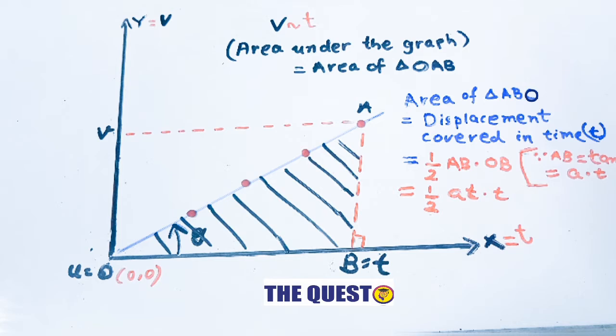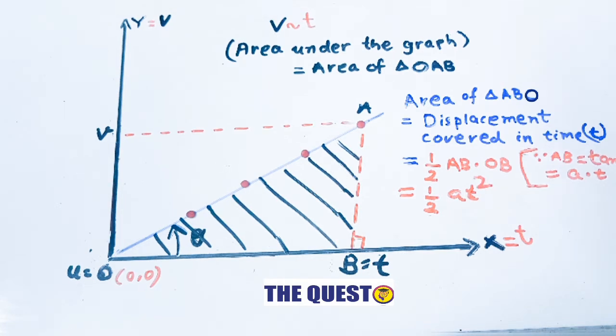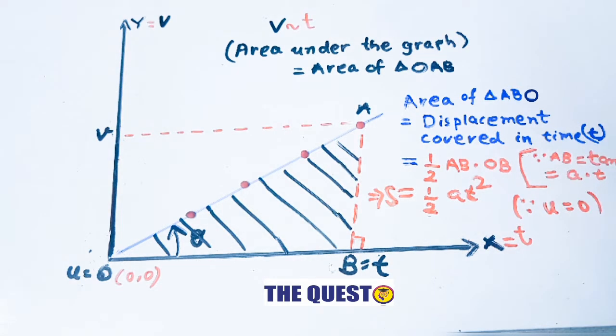Here we can see that AB upon OB is nothing but tan theta. Therefore, AB is equal to OB tan theta, which is equal to A into T. Therefore, displacement S is equal to half A T T, which is equal to half A T square, as here the initial velocity u is equal to 0.